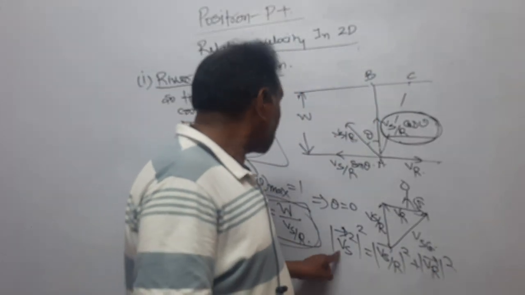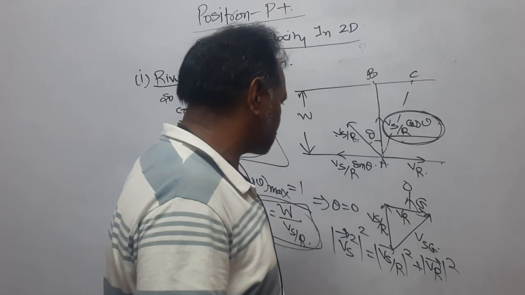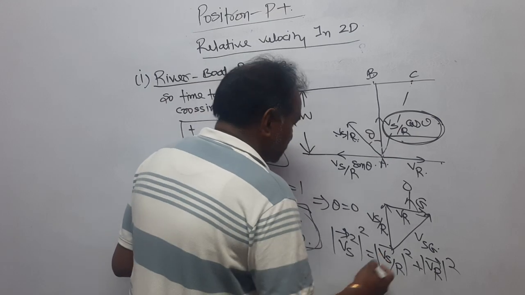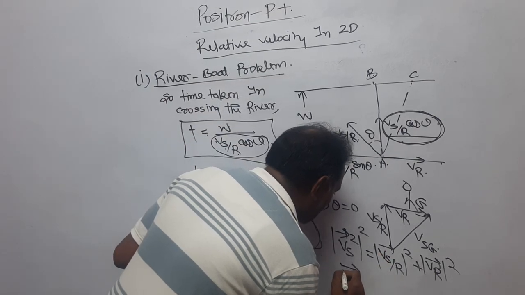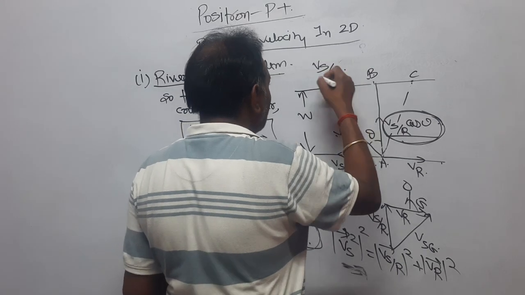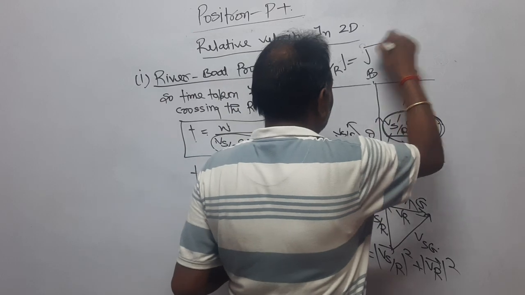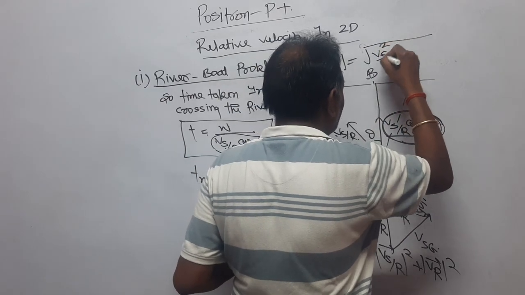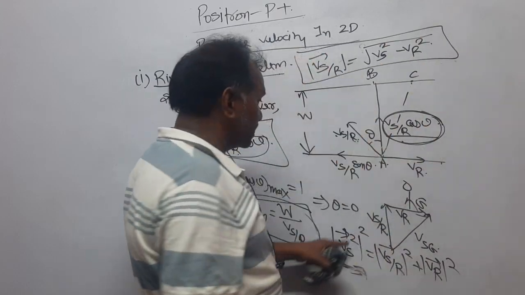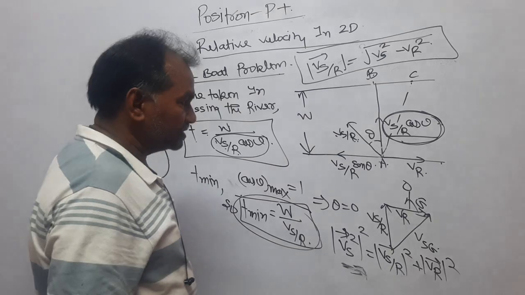So dear student, this is Vs square equal to Vsr square plus Vr square, right? From this expression, you can find that Vsr, velocity of swimmer with respect to river, its magnitude is equal to under root Vs square minus Vr square. This is also a very useful diagram while solving problems, especially for NEET and JEE aspirants.